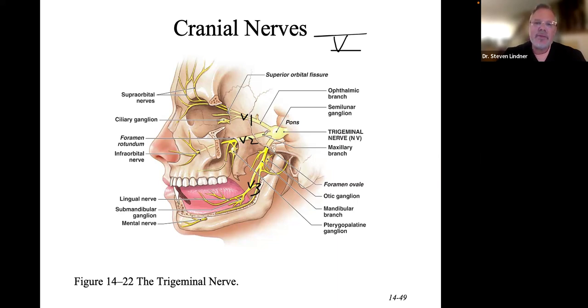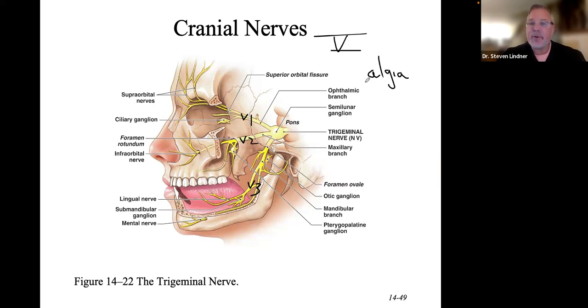This is what the dentist will hit with Novocaine so that they can work on your upper jaw or lower jaw on the teeth without you having the sensation of it. There is a virus that attacks this cranial nerve at times. And when this cranial nerve is attacked by a virus, it can cause what's called trigeminal neuralgia. Anytime you hear the word algia at the end of a word, it means pain.